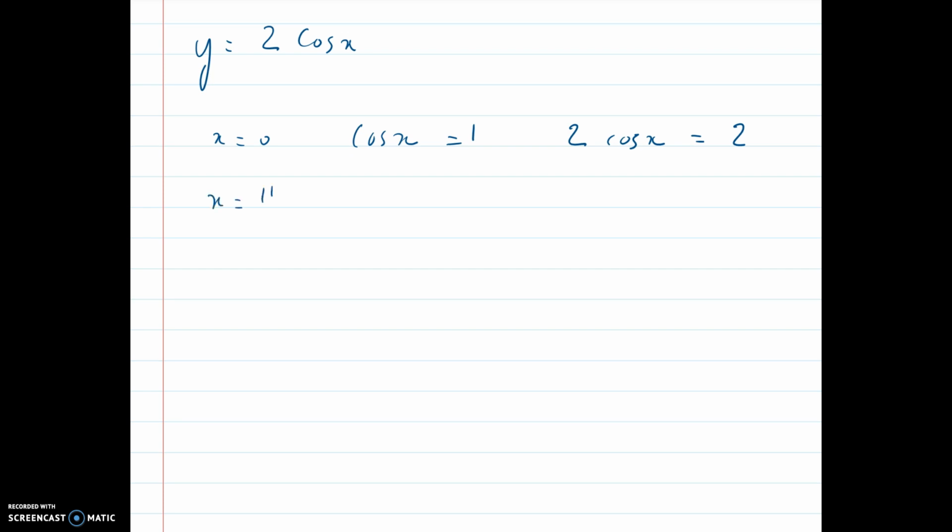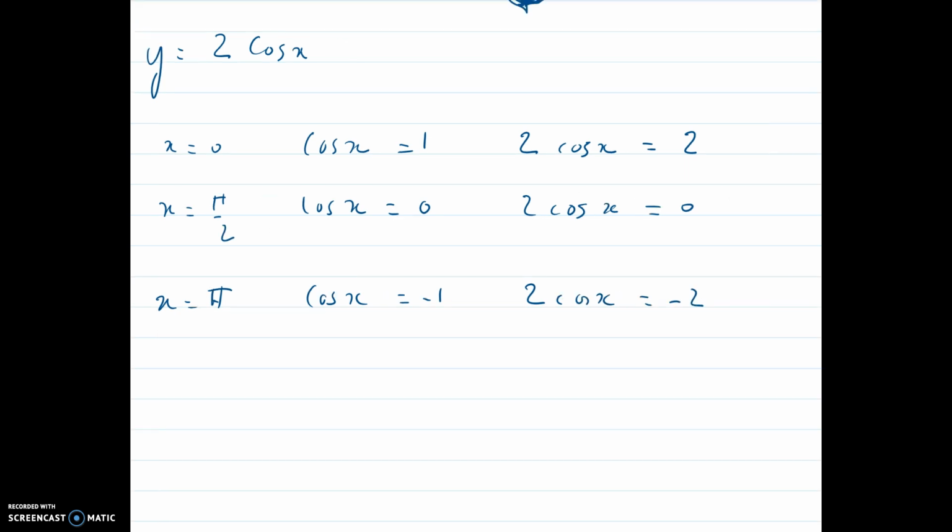When x equal pi over 2, we said that cosinus x equals 0. Well, 2 cosinus x is not going to change. It will be equal to 0. On the other hand, when x equal pi, cosinus x is equal to negative 1, and 2 cosinus x, it's equal to negative 2. So guys, now I let you draw the picture. You got everything you need.